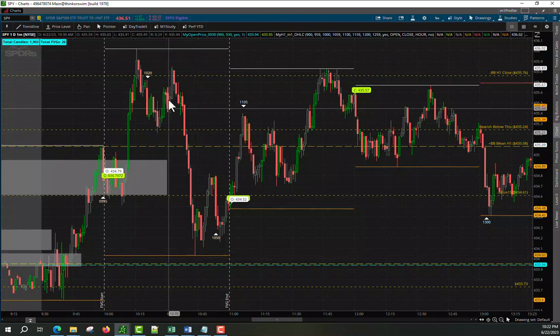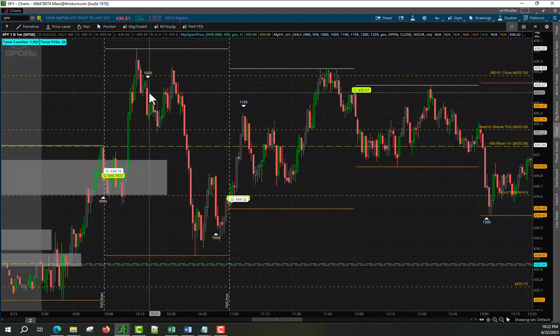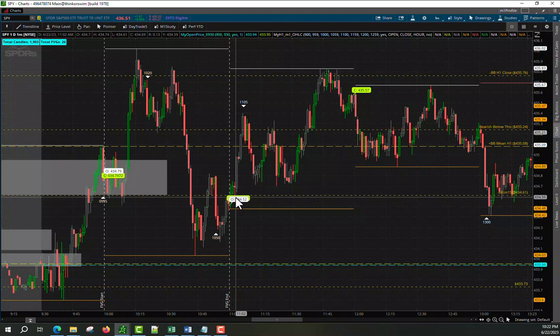So that's the trade that we are supposed to check, the second trade. We're not allowed to do that, but it's just for our learning and exercise purposes. That would be the short trade right there.